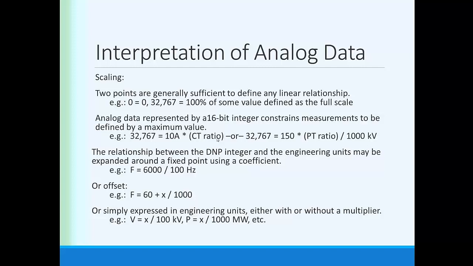So if reading in primary engineering units gives you sufficient resolution for the job you're doing, the advantage is to the person commissioning the RTU: when he looks at a meter and it says there's 872 amps on this line, and he reads the DNP integer as 872, he doesn't have to do any math. He knows that it's working, and he can move on. It's a little more efficient for him. That's really the big advantage of primary engineering units. And it's really a question of whether the IED supports it or doesn't support it, and it's a question of a setting in the IED to make it conform to that.